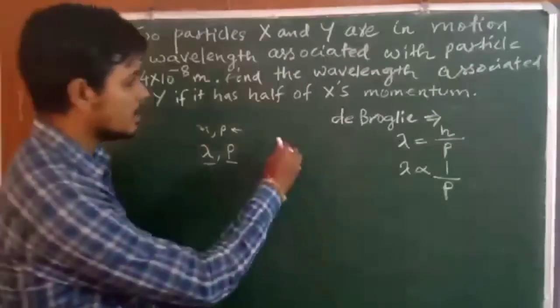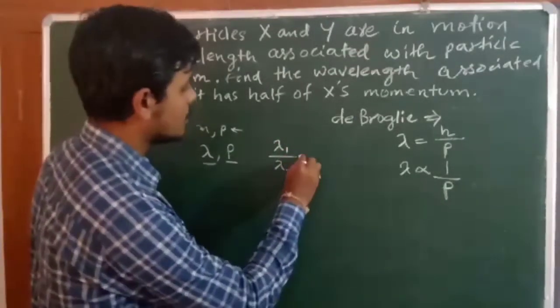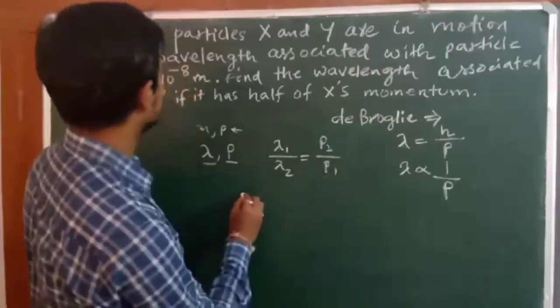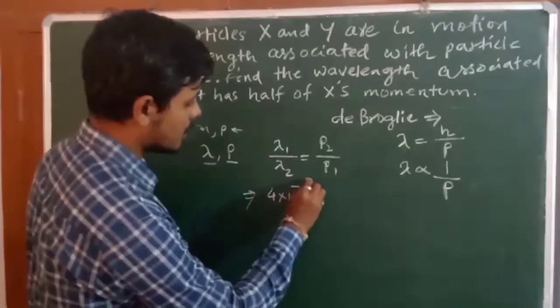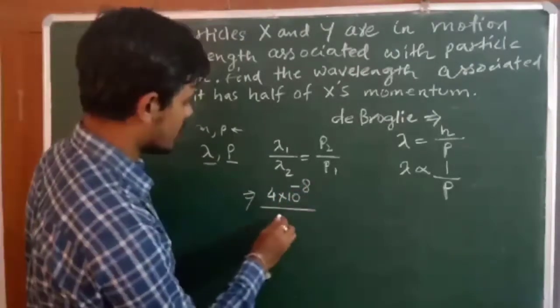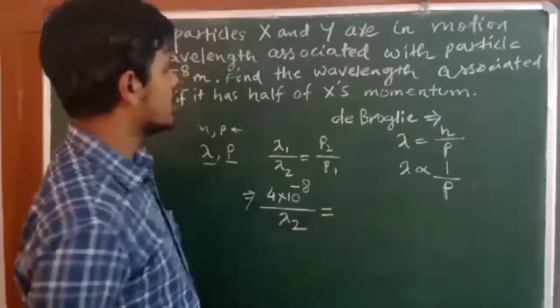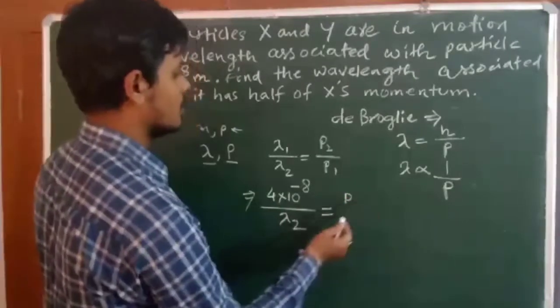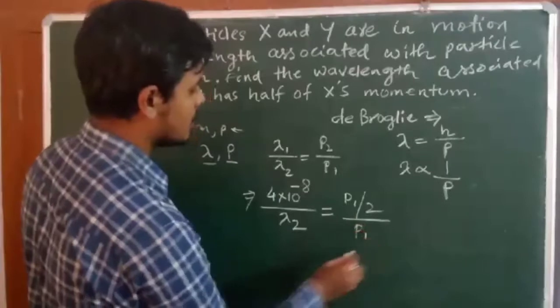That means we can write λ1/λ2 = p2/p1. So here we have λ1 = 4 × 10^-8 and λ2 is what we want to find. p2 is given as half of p1 momentum, so (p1/2) divided by p1.